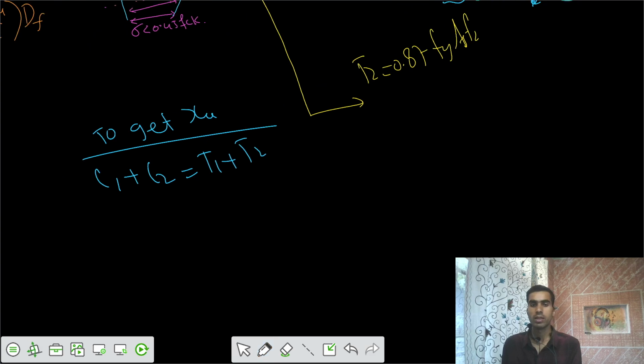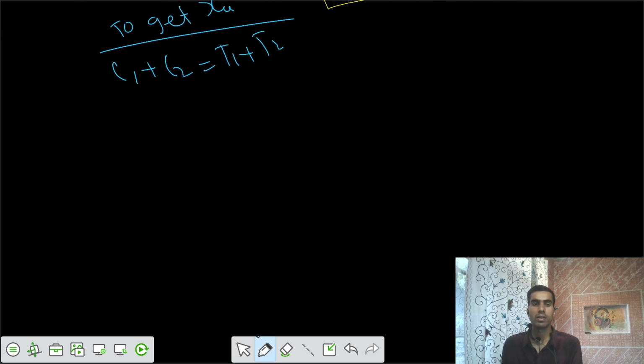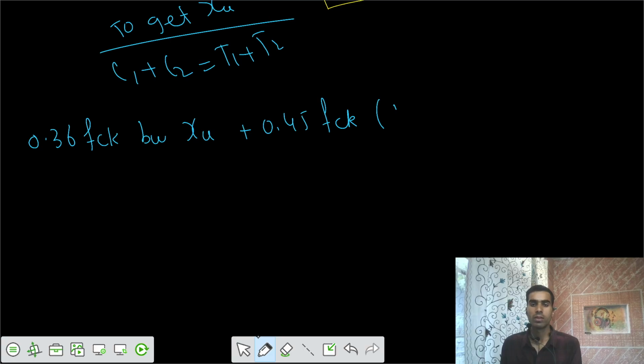So let's try that. To get the location of neutral axis, let's have that total C1 plus C2. C1 force we already know, 0.36 FCK BW XU, plus 0.45 FCK for the width of BF minus BW, and we have this YF, and we have to convert that YF as a function of XU because we need XU.